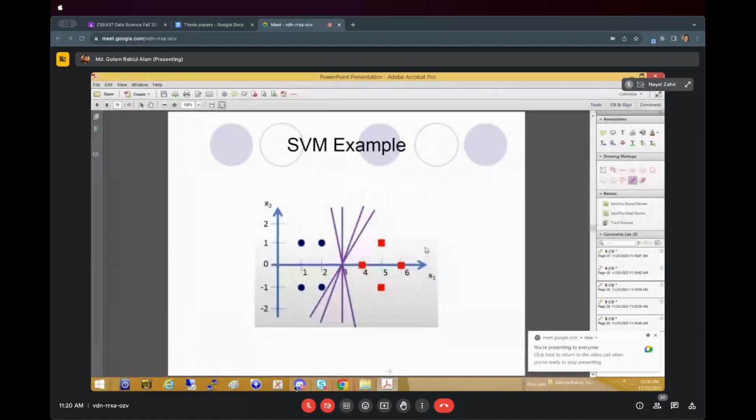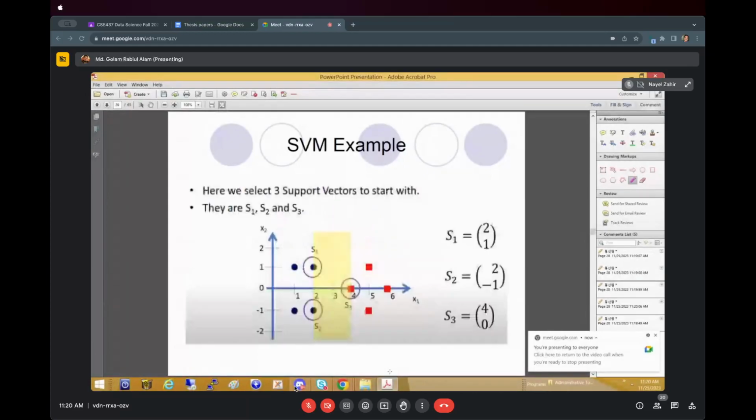To find that out, at first we have to do the augmentation. That means we have selected these support vectors S1, S2 and S3. S1 is (2, 1), here X1 is 2 and Y1 is 1, so that's why it is (2, 1). Then the support vector S2 is (2, -1), and S3 is (4, 0).